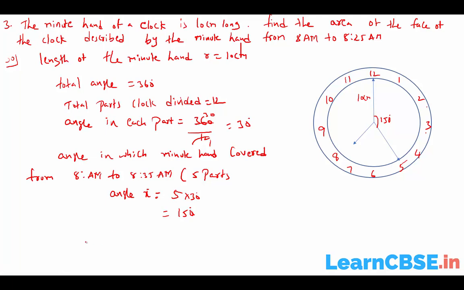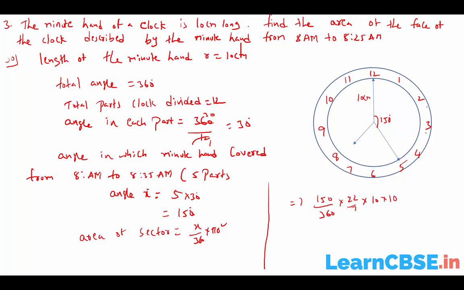Now we have to find the area of the sector with radius r, that means 10 centimeters, and angle 150. Area of sector equals x by 360 into pi r square. That means x is 150 by 360 into pi into r is 10 into 10.